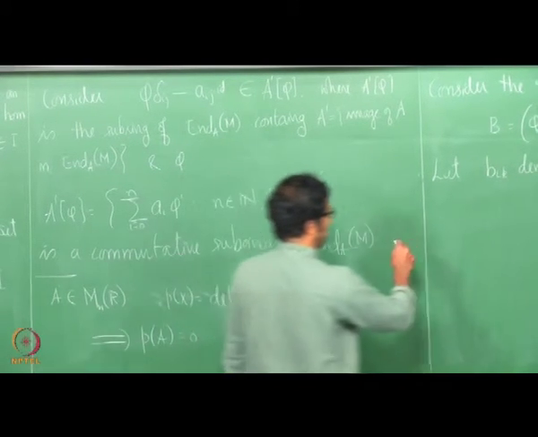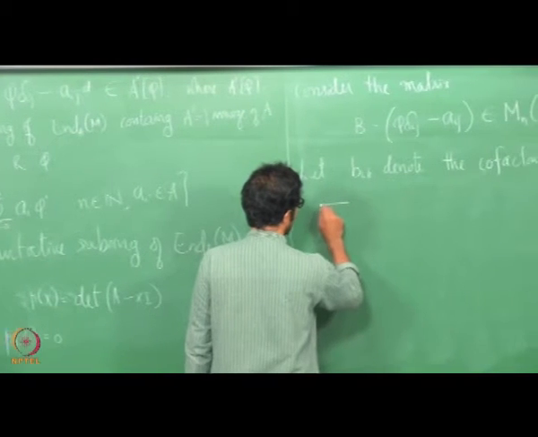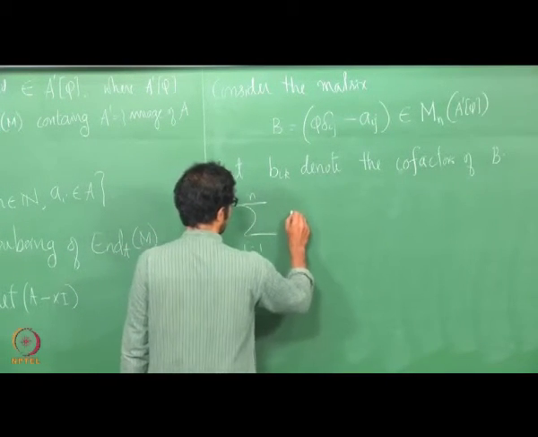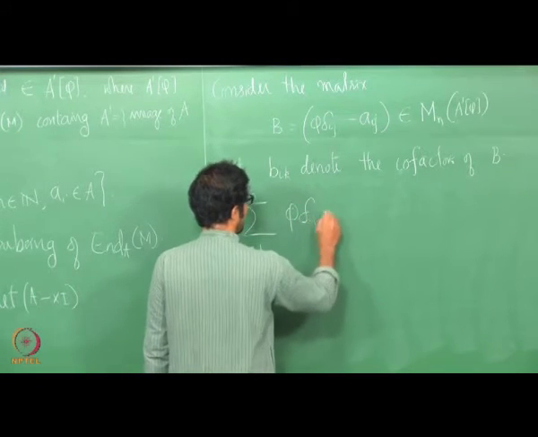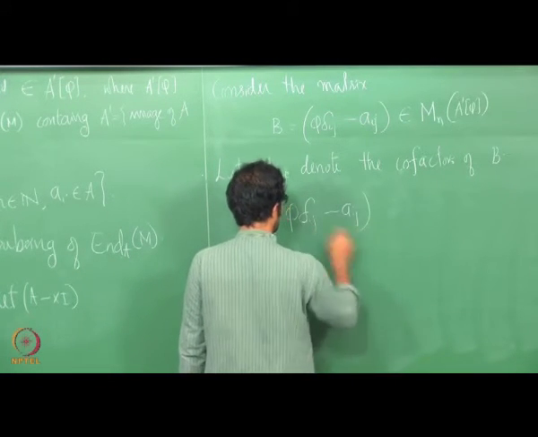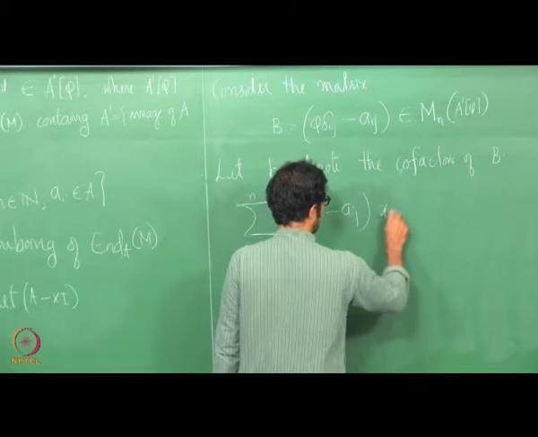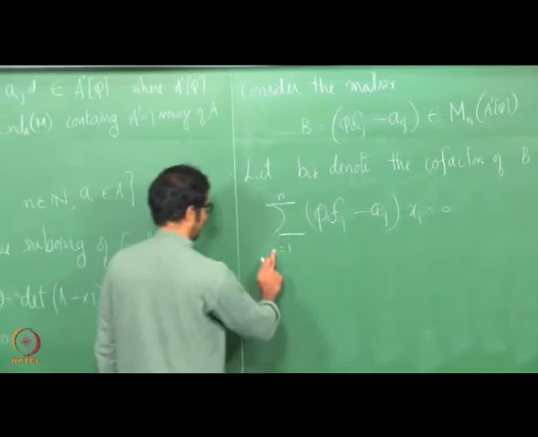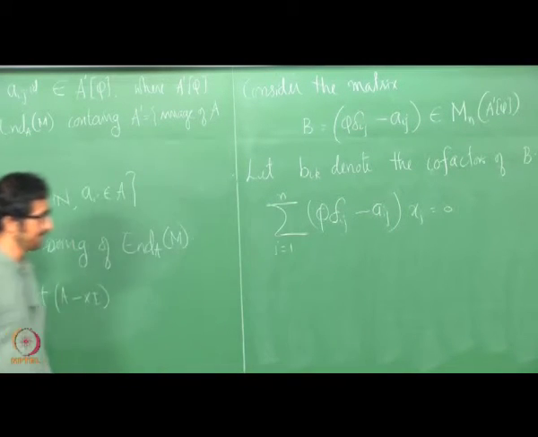So, now I have this system of linear equations: sum over j from 1 to n of (φ δ_ij minus a_ij) x_j is 0, for i from 1 to n.